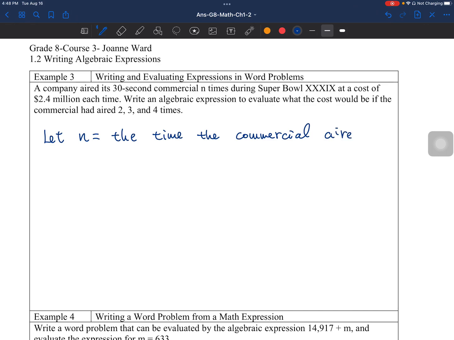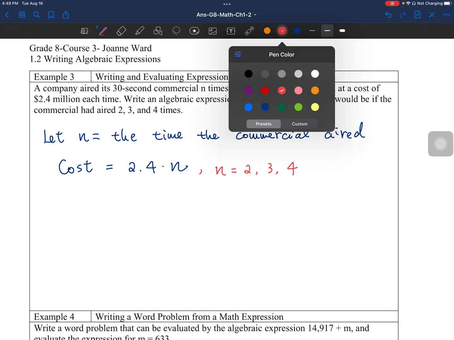If I air the commercial one time, it's 2.4 million. If it's two times, it's 2.4 times 2. So the total cost equals 2.4 million times n. Now my n equals 2, 3, and 4.